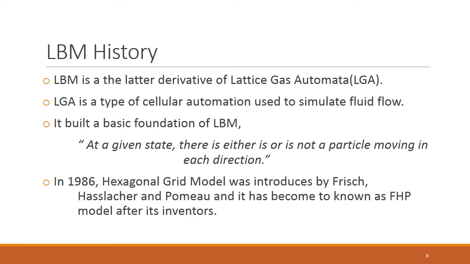Every particle is equally spaced, like 5 centimeters from here, 5 centimeters from here, perfectly arranged. So that's what happened here. In 1986, a hexagonal grid model was introduced by three physicists, and it's called the FHP model.